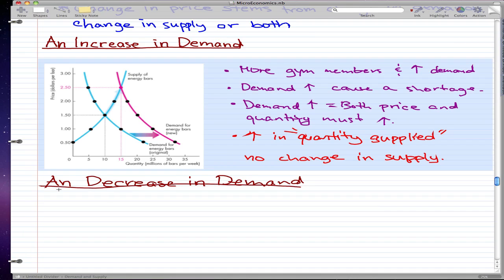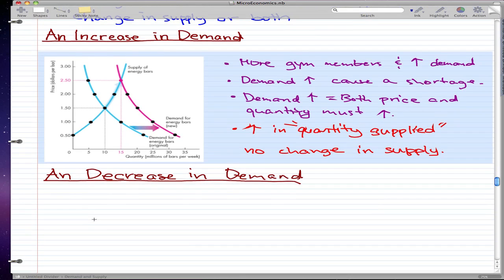Now, I don't really have a graph for a decrease in demand like I do for an increase in demand, and I don't really want to draw one, but I'm sure you can figure out how the graph would work. It's pretty intuitive. It goes the opposite way of an increase in demand.